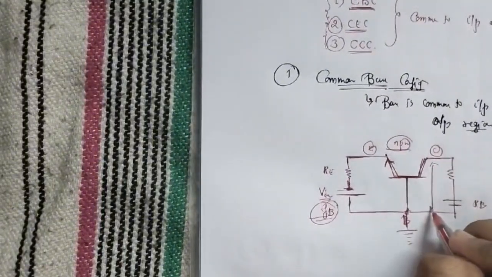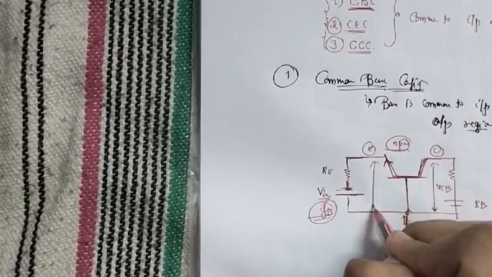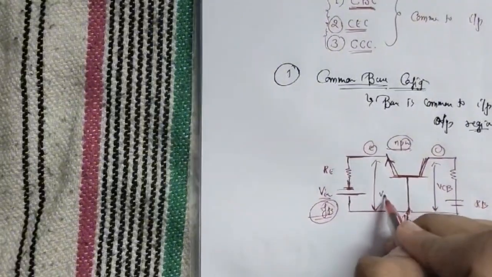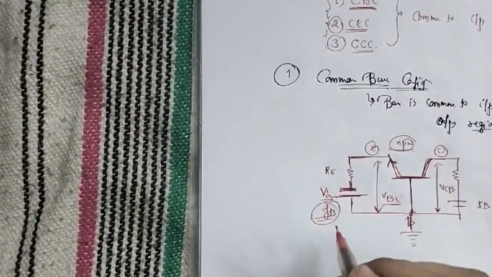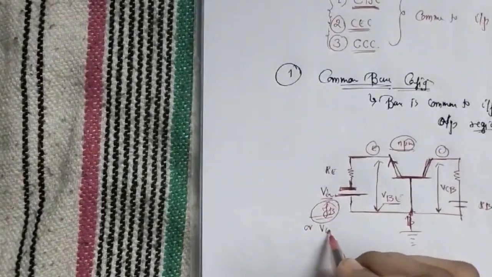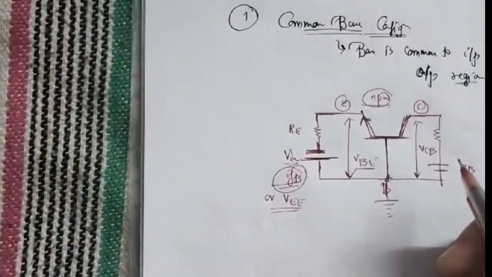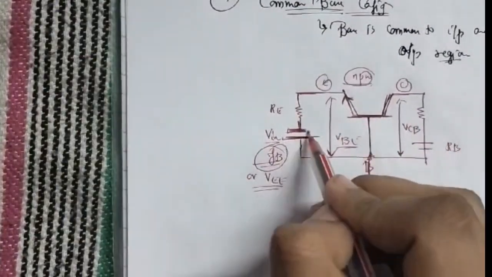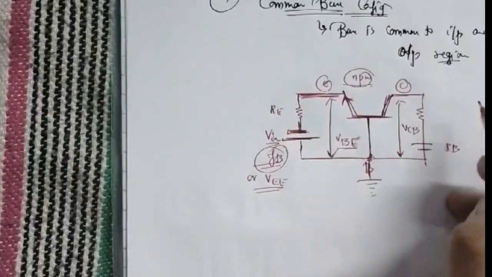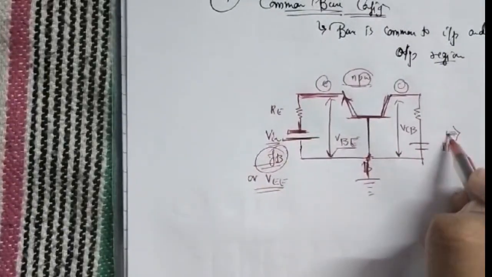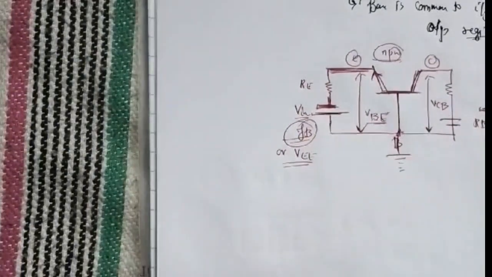This potential between base and collector we can say VCB, and this potential between emitter and base we can say VBE, and this input side potential we can say Vin or VEE. It is basically denoted by this. So we will get the input signal from this emitter side, and we will get the output signal or amplified signal from this collector side.